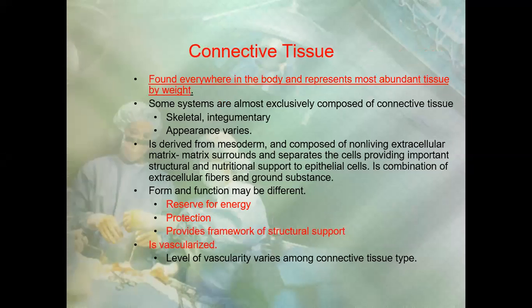All right, so now we move on to the second of our 4 types of tissues, connective tissue. Connective tissue connects stuff. Finally, something that makes sense. It is the most abundant tissue in the body. It is found everywhere. Now, when we think connective tissue, oftentimes we just think of tendons and ligaments, right?